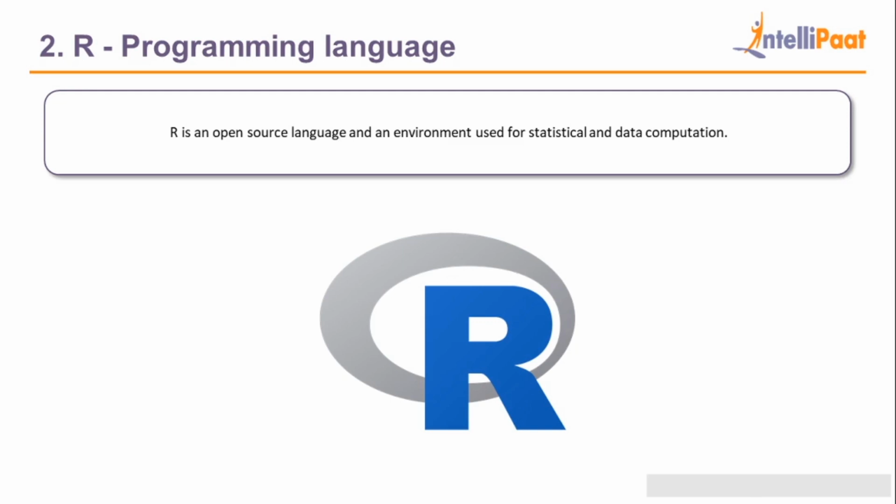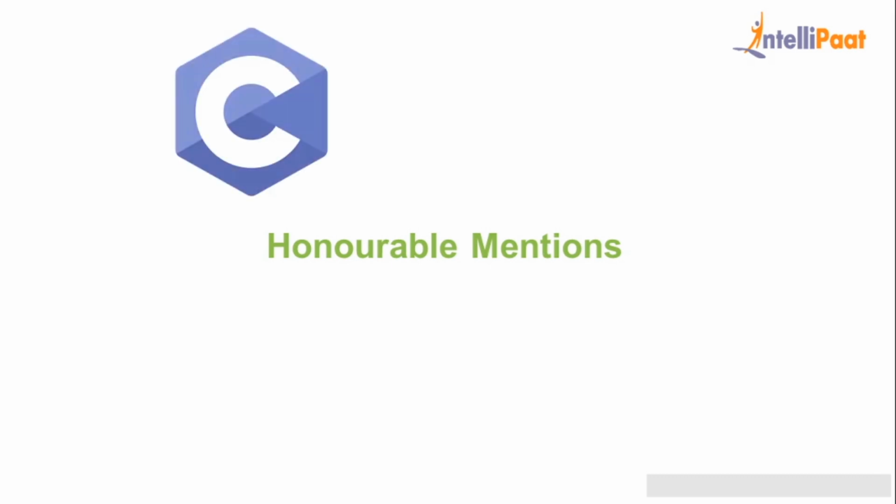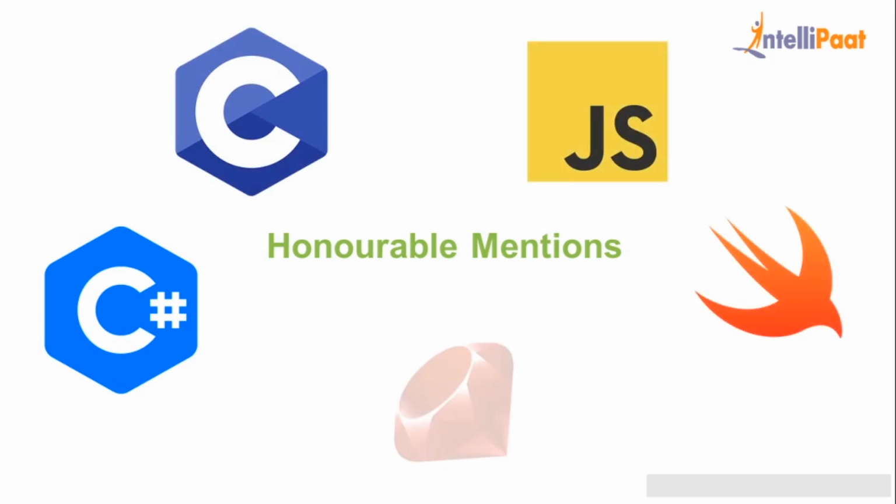But before we get to that, let's talk about the honorable mentions. These honorable mentions rank below all of these languages. I just felt like telling you guys about them anyway. You have C, C++, C Sharp, JavaScript, Swift, and Ruby. All of these languages give you some ability to perform machine learning and use libraries and packages available for these languages to perform your daily tasks as a data scientist.